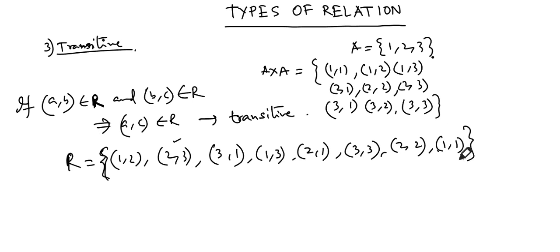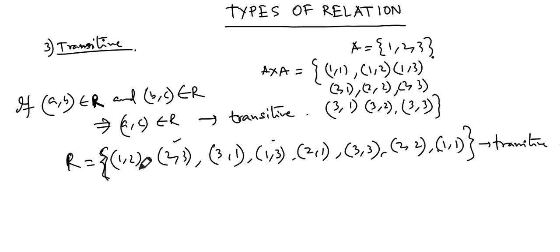So this completes the list to make it transitive, because for any two pairs following this rule, the (A,C) is also there. (1,2) and (2,3), so (1,3) is there. If we take (2,3) and (3,1), so (2,1) is there. If we take (3,1) and (1,3), so (3,3) is there.